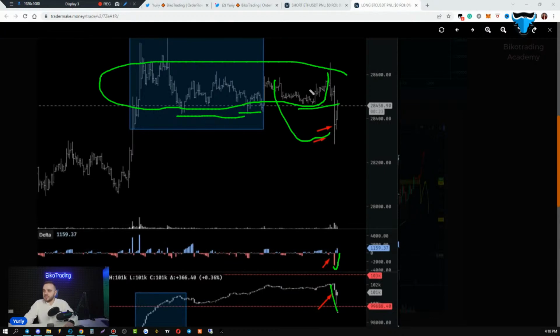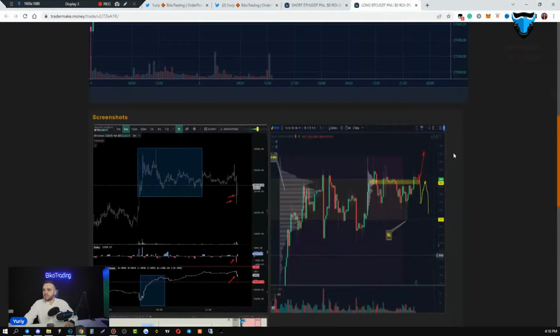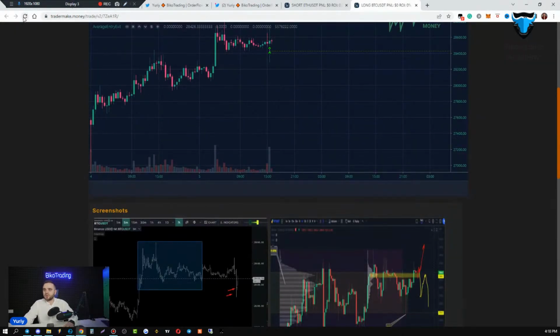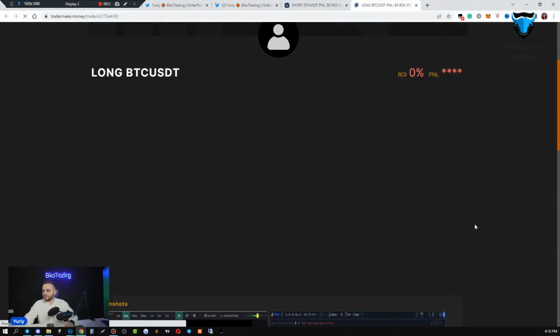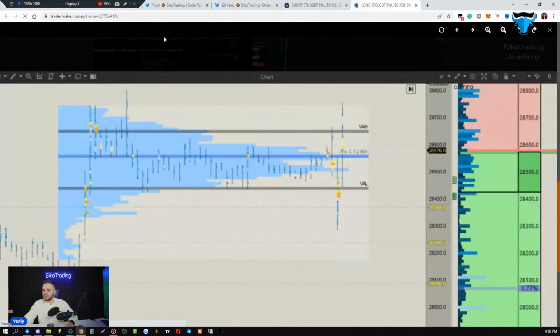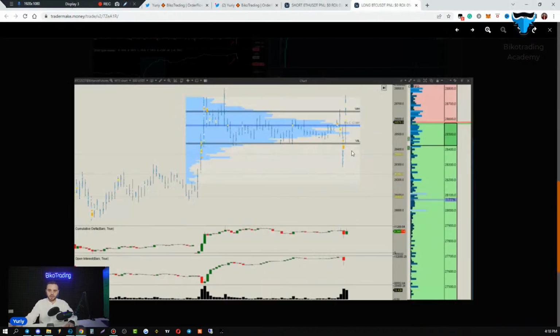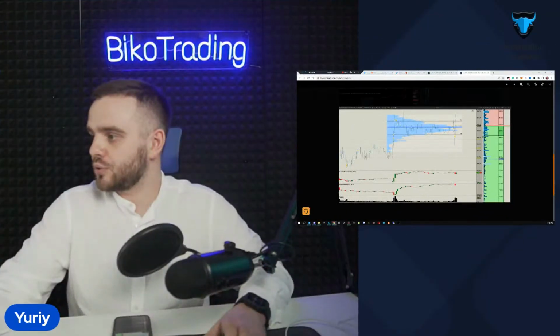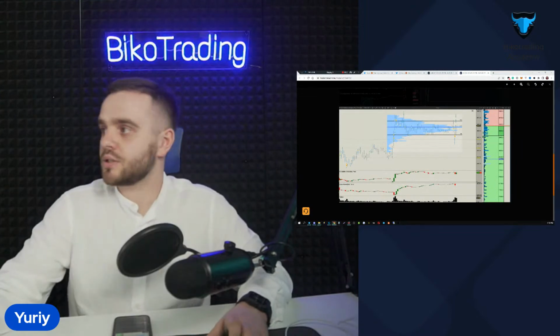And after that, price moved exactly in the opposite direction. Price took stop losses here, and price reached this area, this local value area. And it already played out. Is it a good example for you of how to use this kind of confirmation?